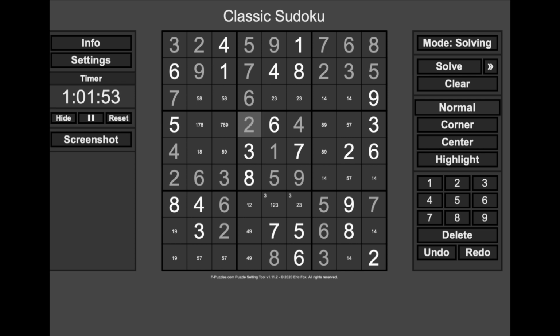Let's see. 2, 3, 4, 5, 6 are taken, so 1, 7, 8, 9 are still missing, but I don't think I can do much else there. That 2 tells me that's 1. That tells me this is not 1.